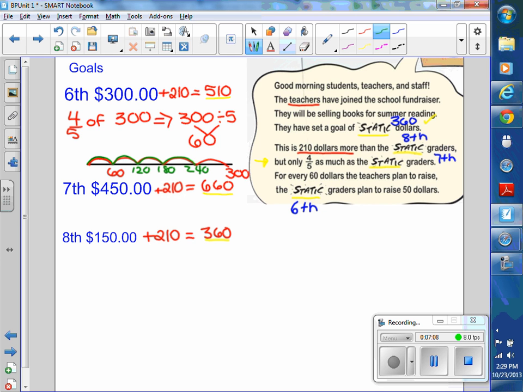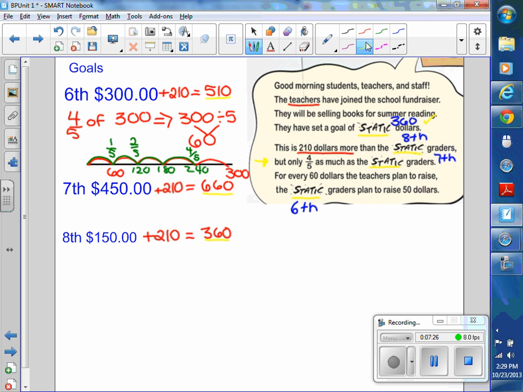So this is 1/5 right here. This is 2/5. What's 4/5? 240, right? So you guys, that's correct. 4/5 of 300 is 240.